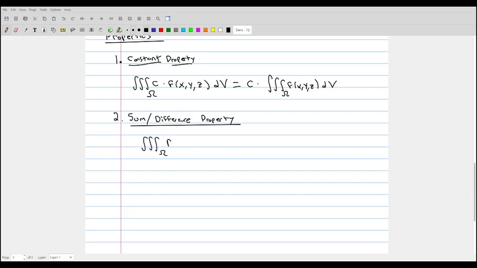But if you take the sum or the difference of two functions of three variables, so some function f of x, y, z plus or minus some function g of x, y, z, and you take the triple integral of that, this is going to be equal to the triple integral of the first function plus or minus the triple integral of the second function.